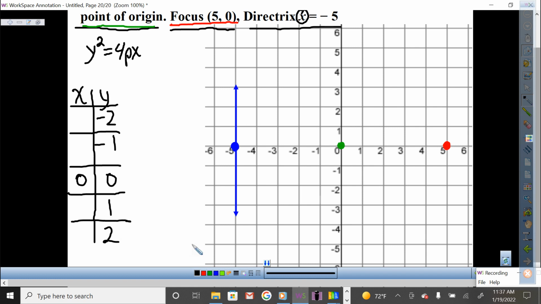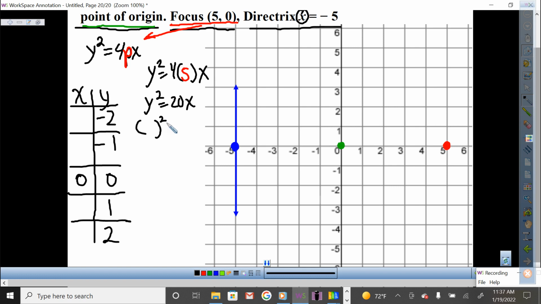All right, so before we start substituting, we need to change this value of p. What are we going to substitute in for p right there? 5, the focus, yes, which is that one. So I'm going to write y squared equals 4 times p times x, and that value is 5. So this is y squared equals 20x.